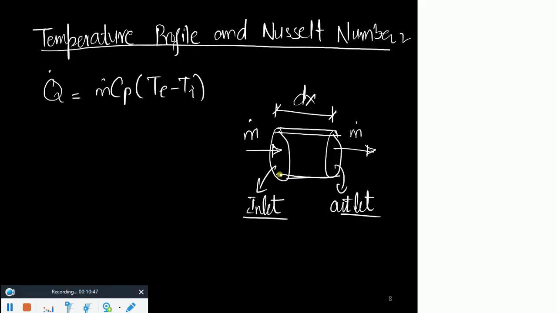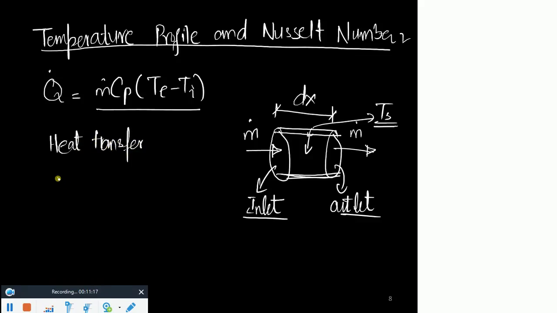Some heat would also be conducted through the pipe. For example, if you give Ts at its surface, that heat would be conducted to this surface first, and then it would be convected by the fluid. So there are two types of heat transfers, one due to the mass flow rate and the other due to the conduction.